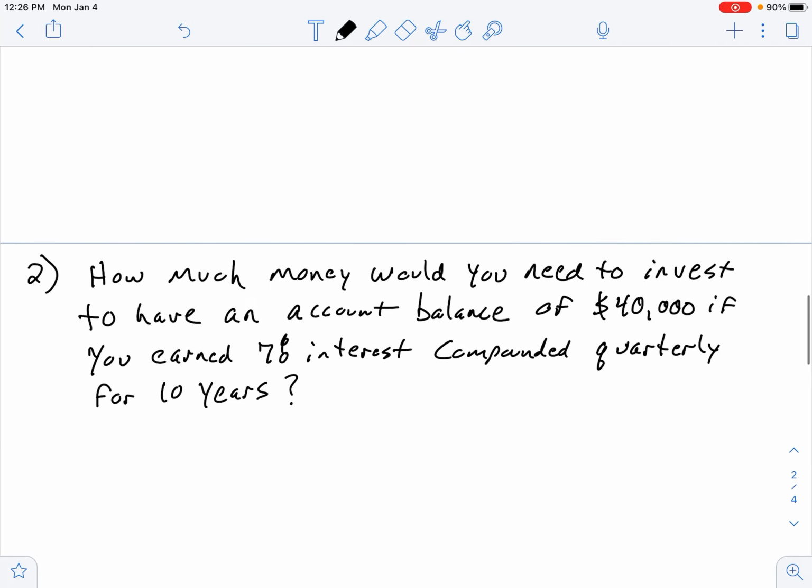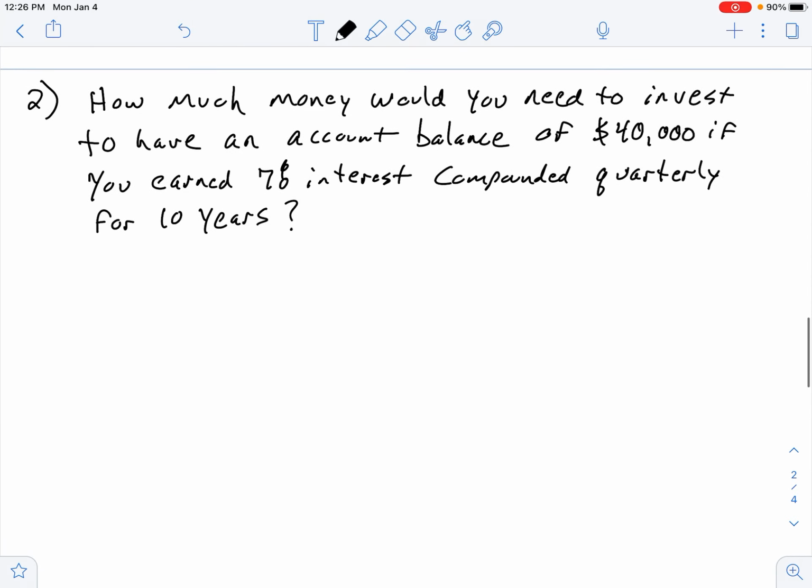All right, let's look at this problem here. It's a little bit different. Now we want to know, how much money would you need to invest to have an account balance of $40,000 if you earn 7% interest compounded quarterly for 10 years? This is different because here's our formula, 1 plus R over N to the NT.